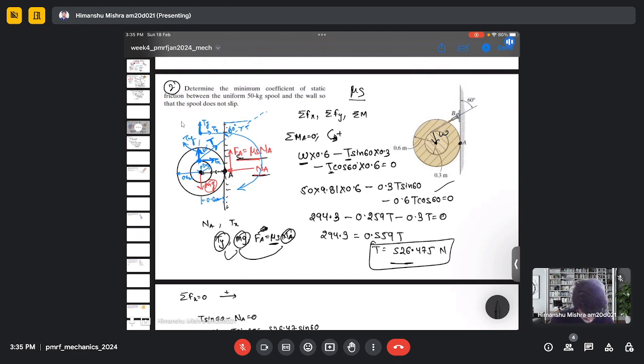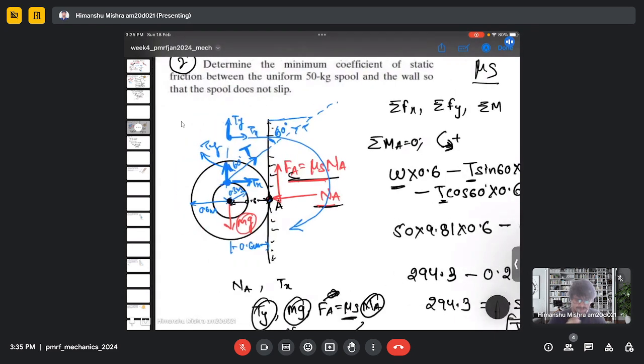So just to recap, we have a disc which is attached to a wall by a rope, and we have given the weight, and we need to find the coefficient of friction, and the only force given is the weight. So when we draw the free body diagram, we can identify other forces which act due to friction.